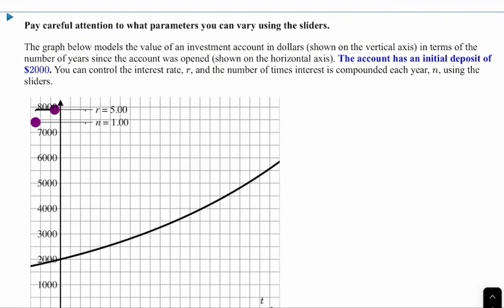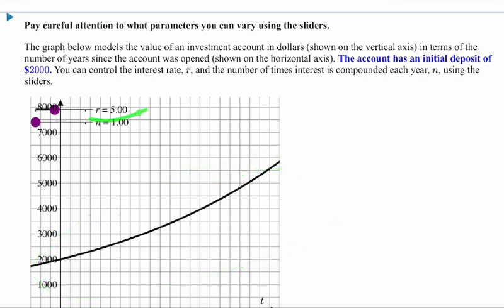Now, this one says that we have a slider. So you should be moving these things here. See, you can increase the rate. You can increase the number of times that it is getting interest. So, play with those.